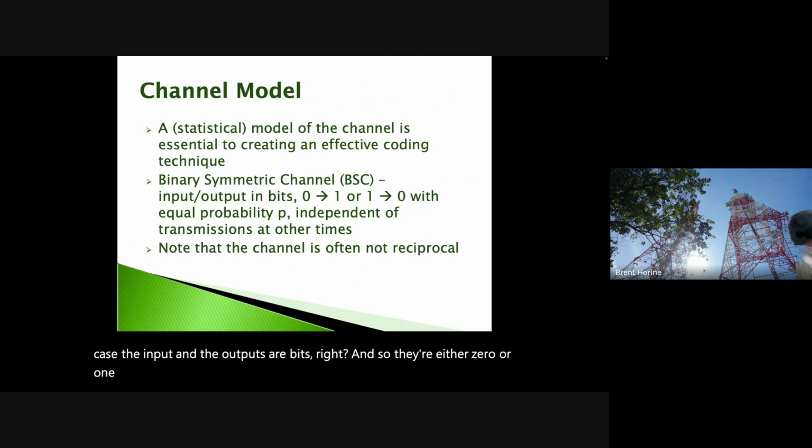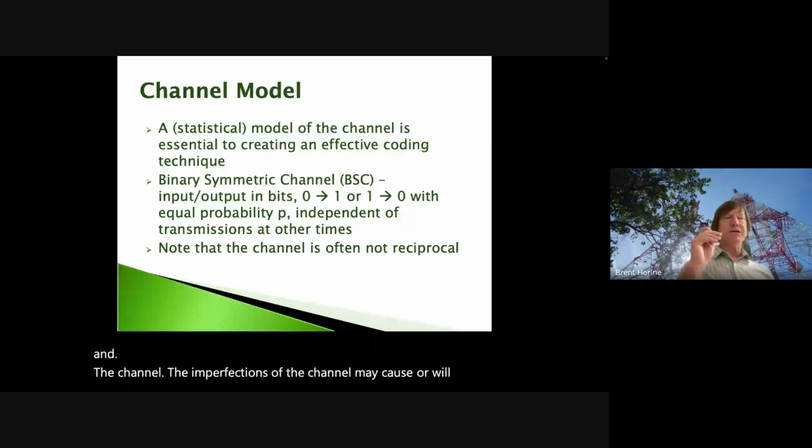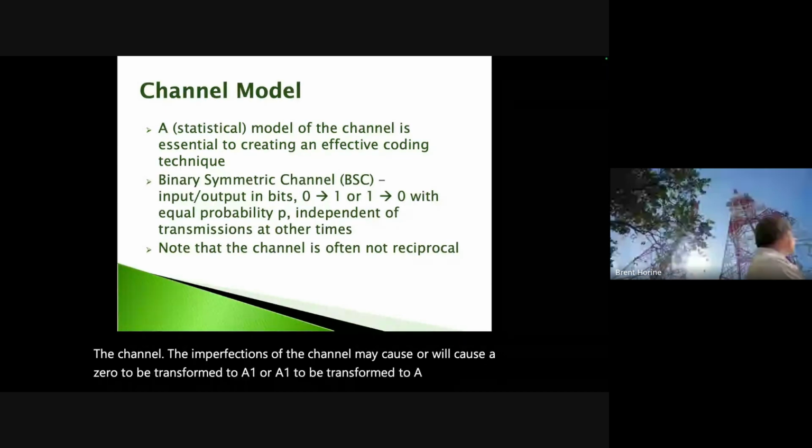The imperfections of the channel will cause a 0 to be transformed to a 1 or a 1 to be transformed to a 0 with equal probability, and we'll denote that with p.